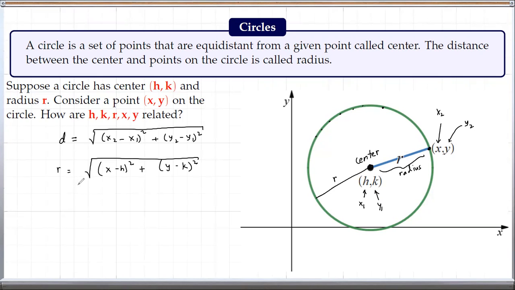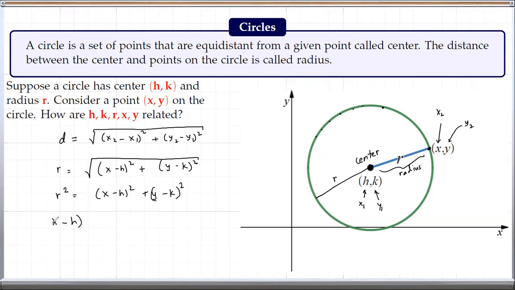To write it down in a little better looking way, we can square both sides. We get r squared equals (x minus h) squared plus (y minus k) squared. This is the equation of a circle. And we generally write this on the left side.